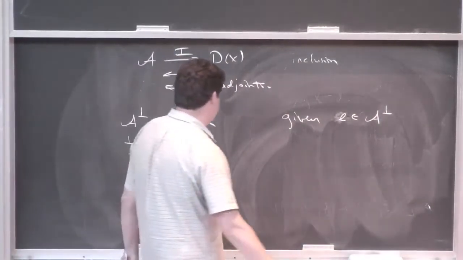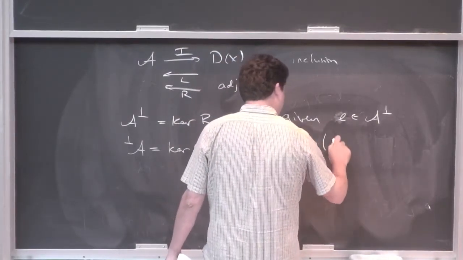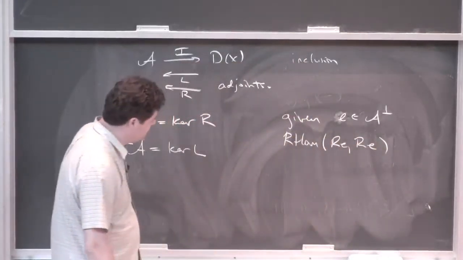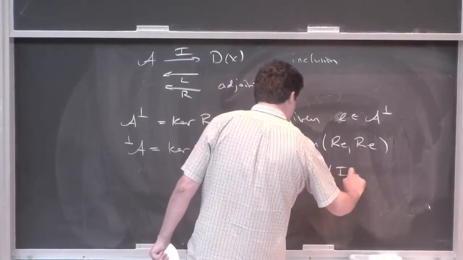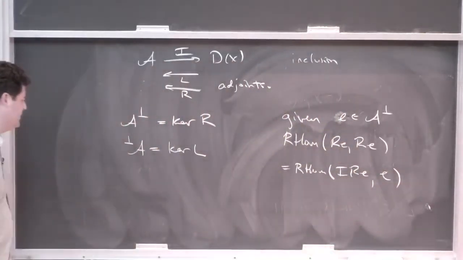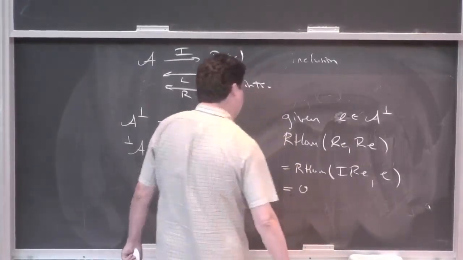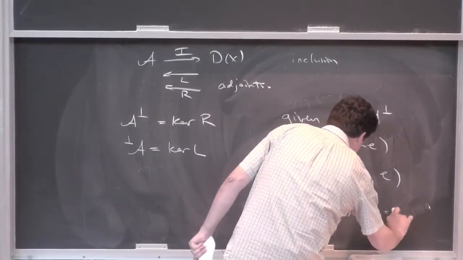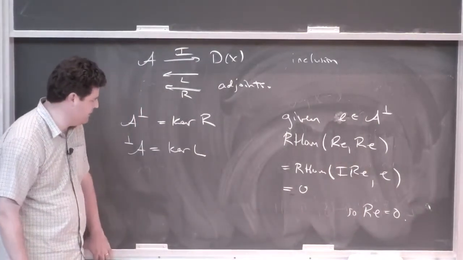Given some E in A perp, then Hom from RE to RE is Hom from IRE to E, because R is the right adjoint of I, and this is 0. So RE is 0. And similarly with L.